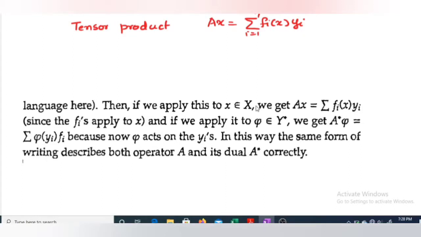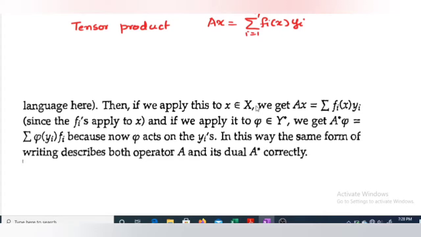Here phi_i applies to x, and here phi acts on y. So for both A star and A, the tensor product is similar: sigma i equal to 1 to n of phi_i tensor y_i.